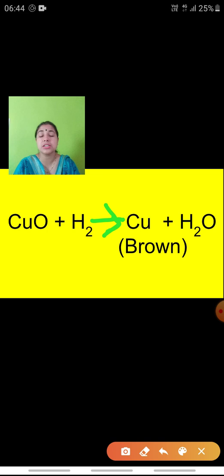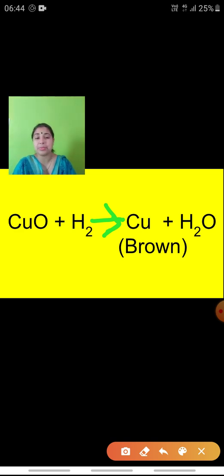It is because copper oxide reacts with hydrogen and converts into copper again, which is reddish brown in color. So such a reaction in which removal of oxygen takes place, or you can also sometimes say addition of hydrogen takes place, such reactions are called reduction reactions.